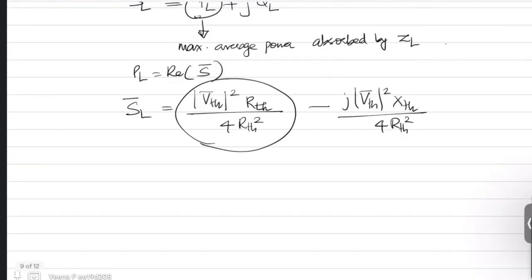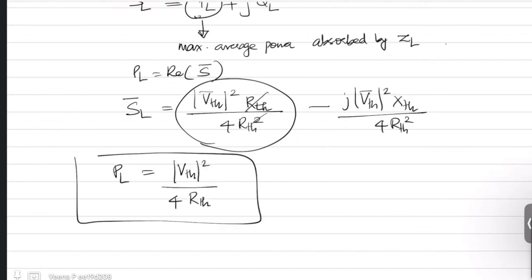Now the real part is this, which is your PL, which is magnitude of V Thevenin squared, R Thevenin will be cancelled, so it becomes 4 R Thevenin. So this is the expression of maximum power transferred from source to load.